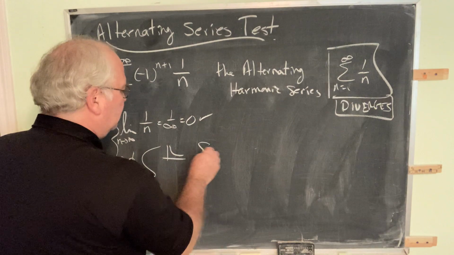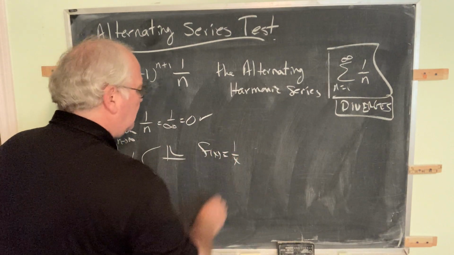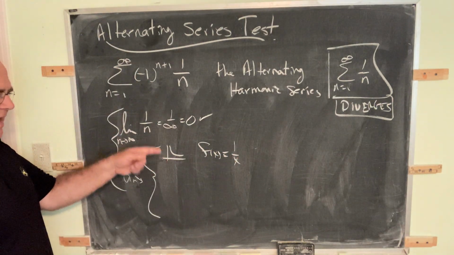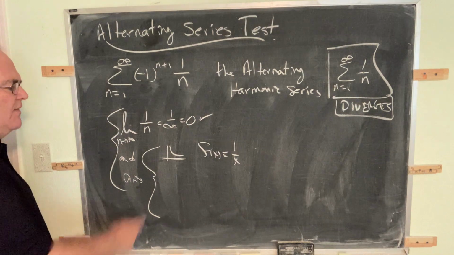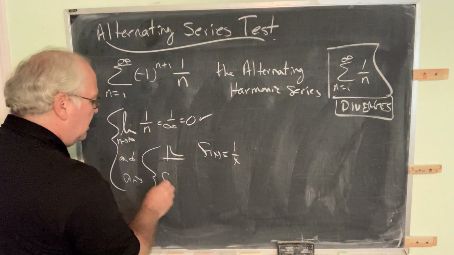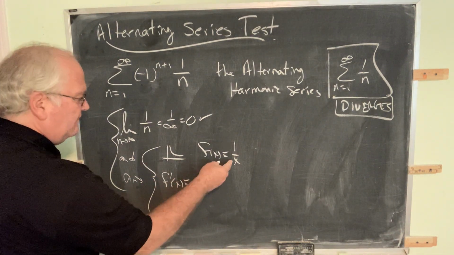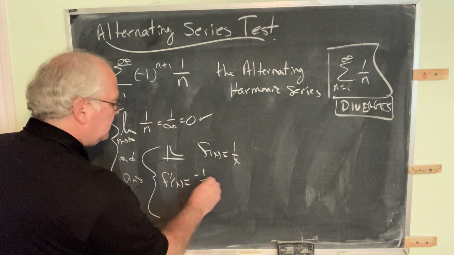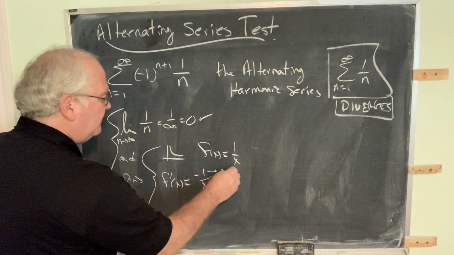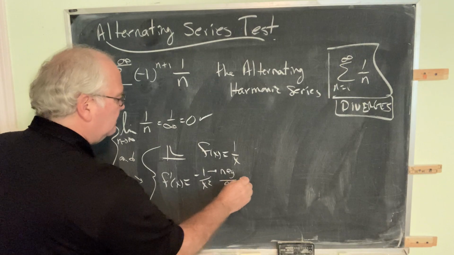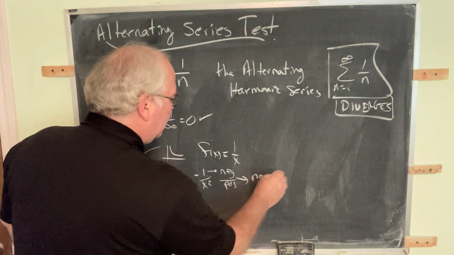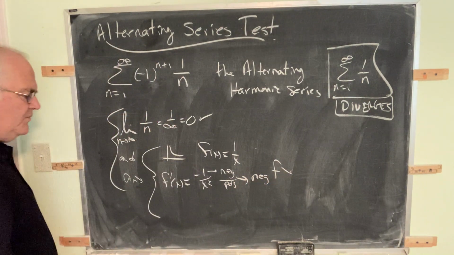Consider the associated function. We know that graph is decreasing. The other way to know that this is decreasing is we know the derivative of the alternating function is negative 1 over x squared. This is negative, this is positive, this is negative, and so f is decreasing.